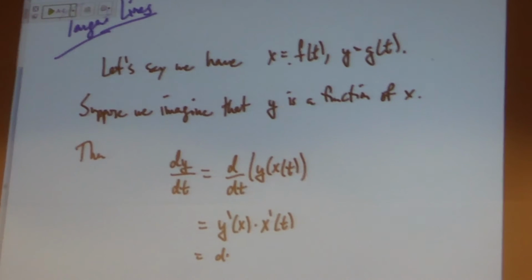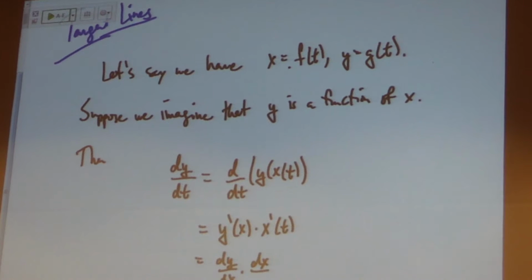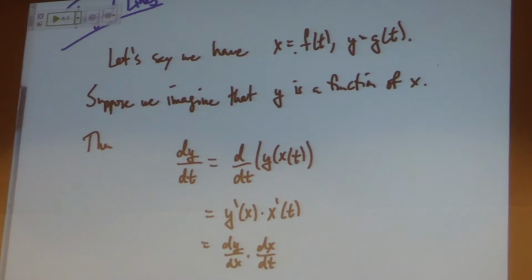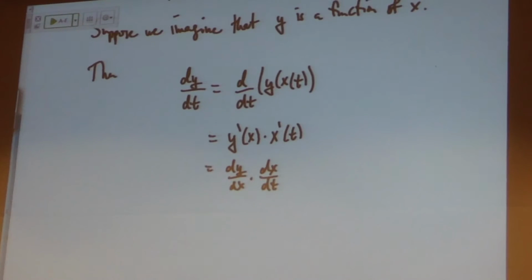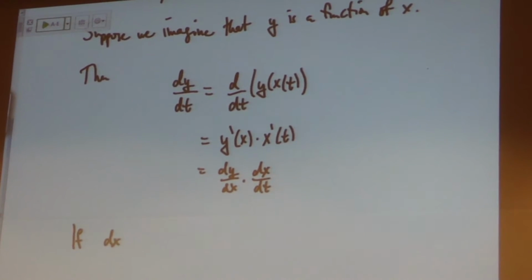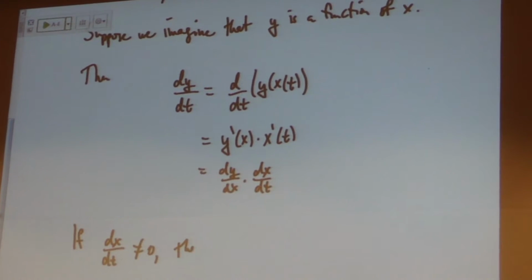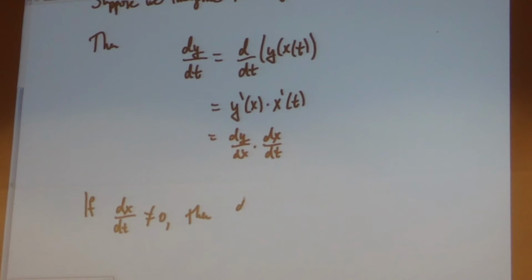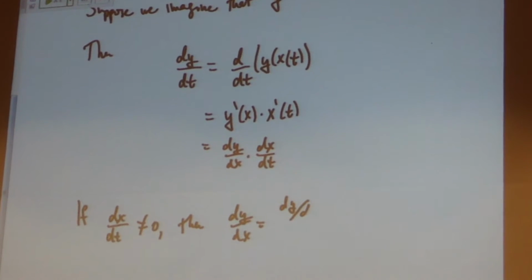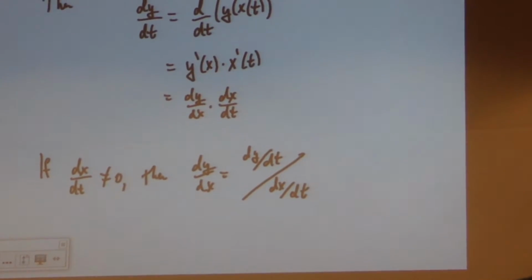In other words, dy/dx times dx/dt. Now if dx/dt is not equal to 0, then we can divide by it, and we get that dy/dx equals dy/dt divided by dx/dt.